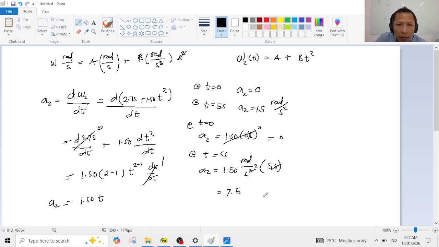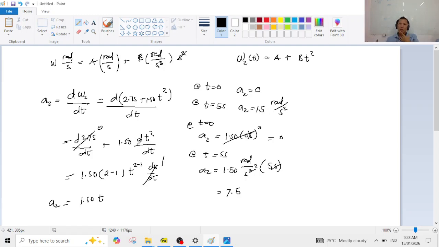What happened? I forgot the derivative. I missed the times 2. The derivative of x to the n is n x to the n minus 1, while the integral of x to the n is x to the n plus 1 over n plus 1.